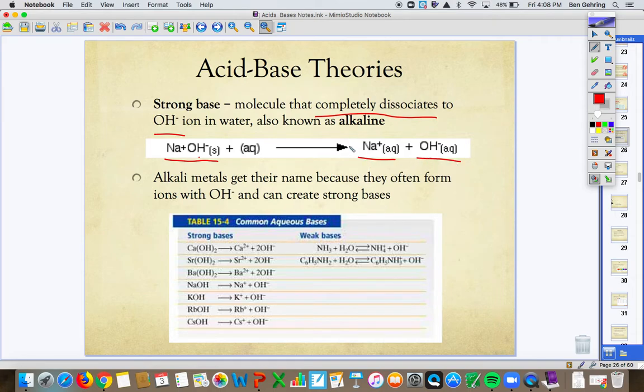And your strong bases, if you look at this list, you have sodium, potassium, rubidium, and cesium. These are all found in column 1 on the periodic table, which are your alkali metals. Calcium, strontium, and barium are your alkaline earth metals. So your alkali metals get their name because of this property. So these are your strong bases. You'll need to know those as well.